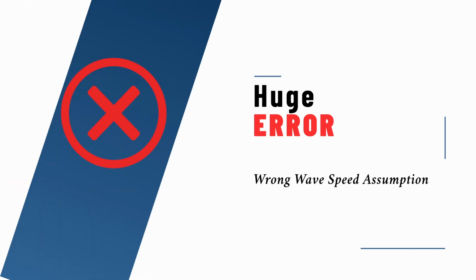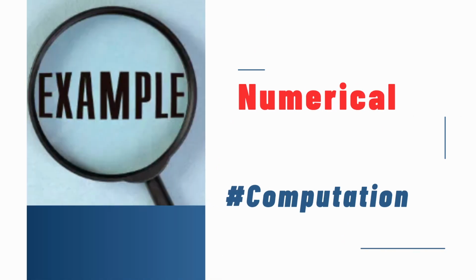Assuming an incorrect wave speed is one of the most common errors in such estimation, but as I said, wave speed ranges between 200 and 1400 meters per second, so take that into consideration when you're doing your design. So let's take a numerical example and see how the system performs.